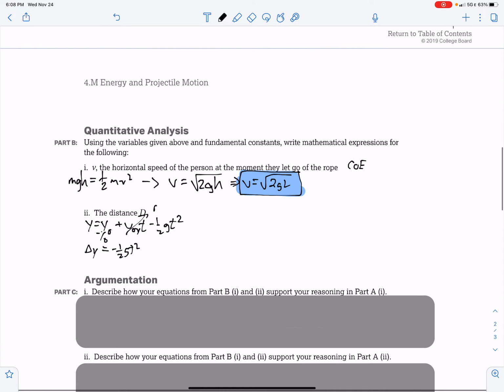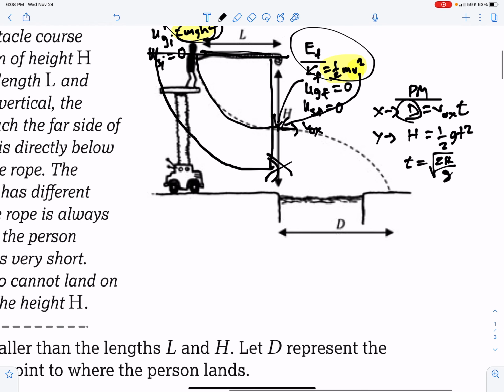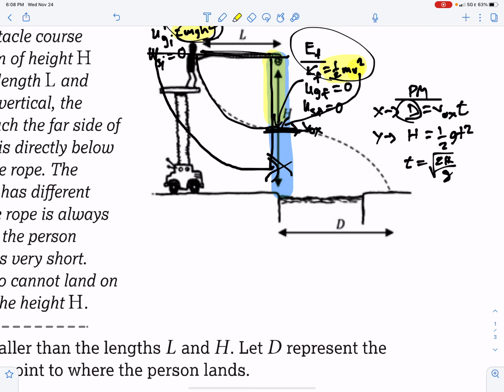But what's happening here, you're starting at that spot right there, which would be the entire distance h right here, minus L, the length right there. So that would be the remaining height that's left over.